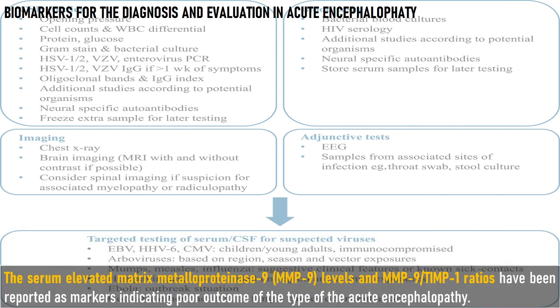The serum elevated matrix metalloproteinase 9, MMP9, levels and MMP9 to TIMP1 ratios have been reported as markers indicating poor outcome of the type of the acute encephalopathy.